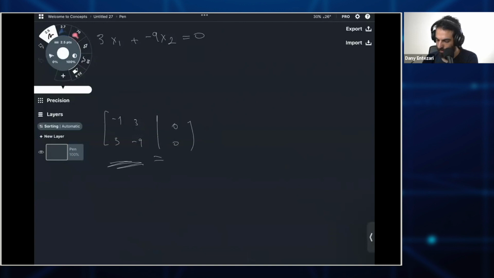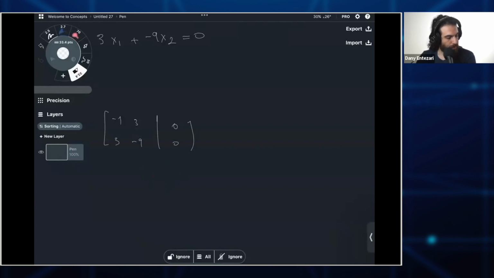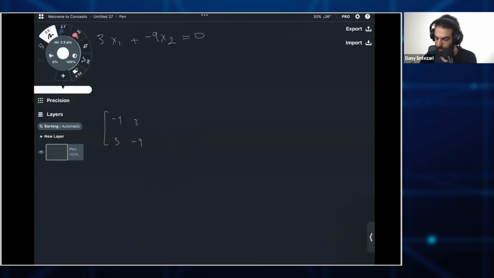These are your variables, and these are the zeros of your equation. What we will then do is use Gaussian elimination to find the x's. So for the time being, I'm going to remove the augmented part because they're all equal to 0.